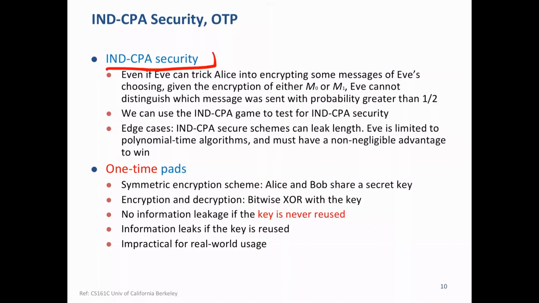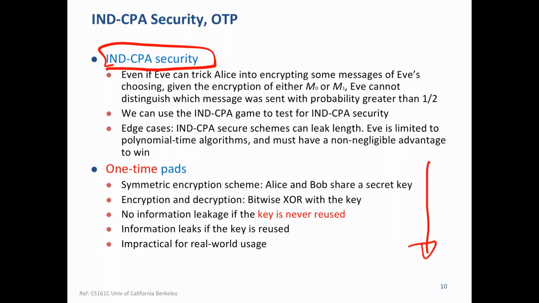And then we have studied one property of confidentiality, which is IND-CPA. This was an experiment where Eve can trick Alice into encrypting messages of her choice, and then finally, after doing this for some time, she sends M0 and M1, and Alice picks one of them randomly, encrypts it and sends it back to Eve. But Eve should not be able to find out which one has been encrypted with probability greater than 0.5.